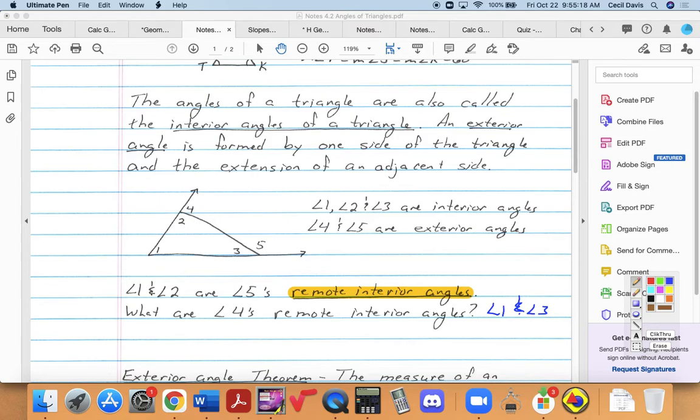And I'm going to show you something that's pretty cool. Please just watch for a moment. Caitlin, make up a measure for angle 1. Doesn't matter if it's super accurate, but tell me how much you think it might be. 50? Yeah, okay.